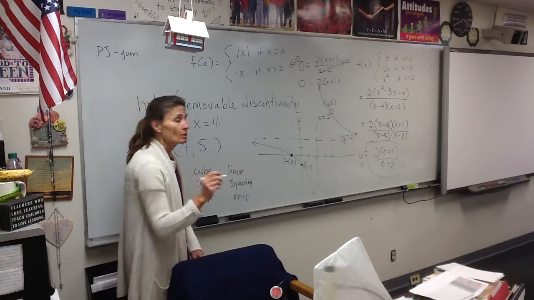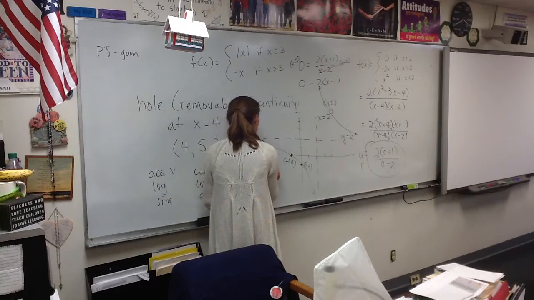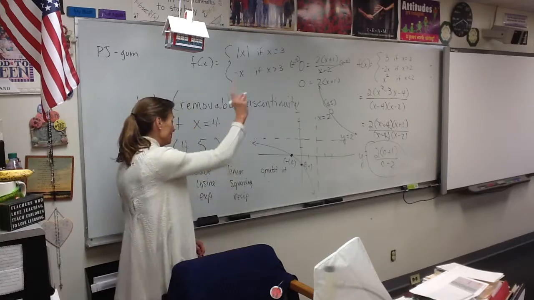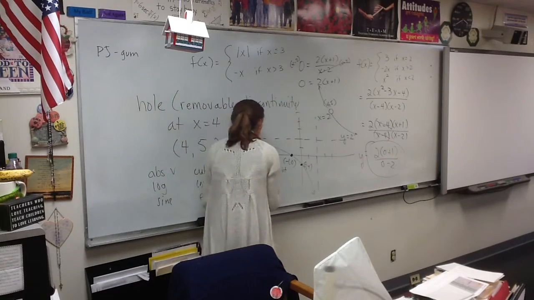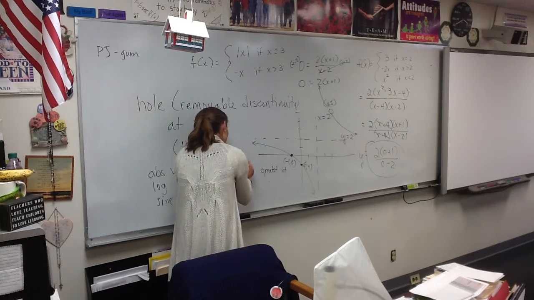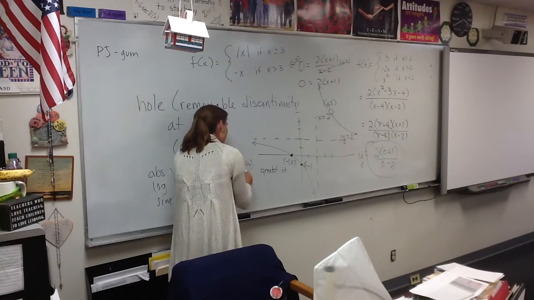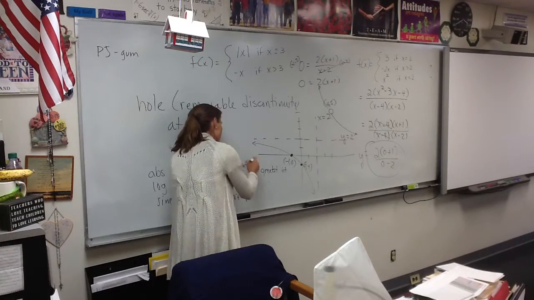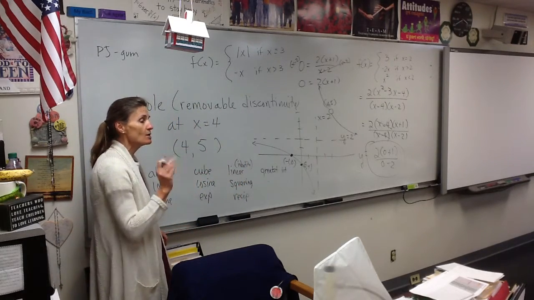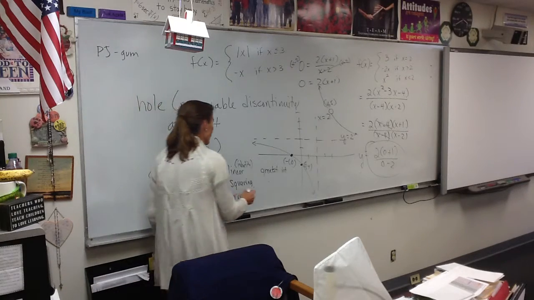The greatest integer function, yep, there's another one. Rachel? Identity. Well, the identity and the linear are the same. I call it linear because it's a line. Your book calls it identity. So yeah, those are the same thing. Either description is absolutely fine. Jamie? Square root. The square root function.